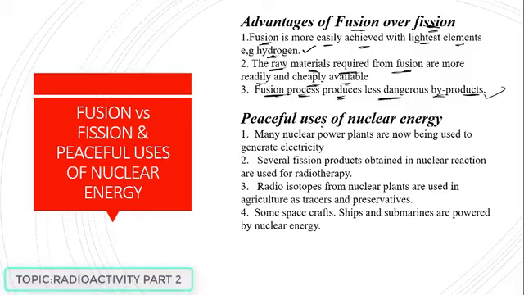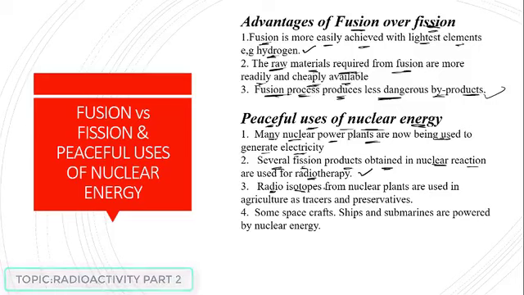When you hear nuclear energy, remember that it is not always all bad. There are also some peaceful uses of nuclear energy. Four of them. The first one is that many nuclear power plants today are being used to generate electricity. We also have several fission products obtained in nuclear reactions, and they are used for radiotherapy in the treatment of cancer.